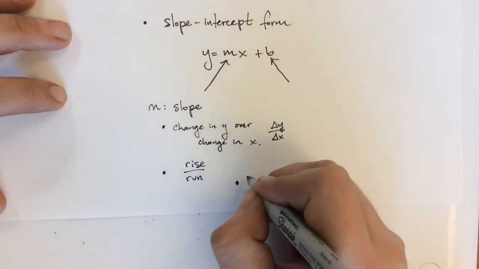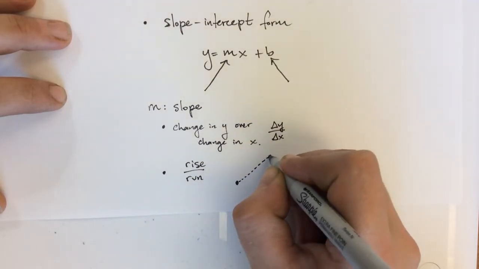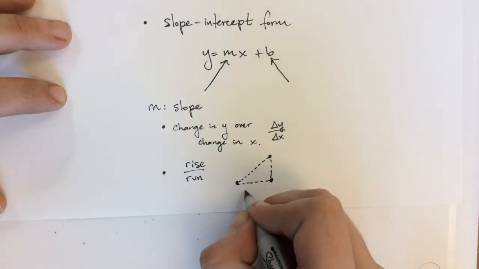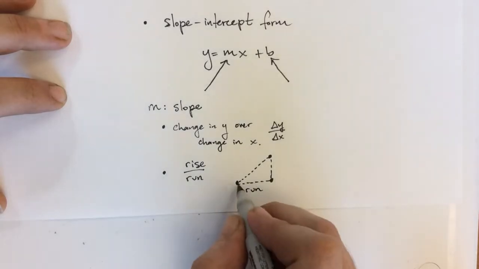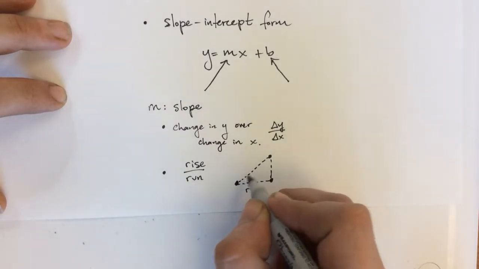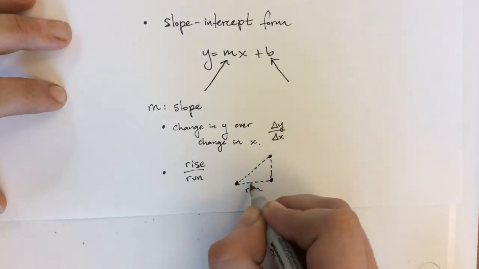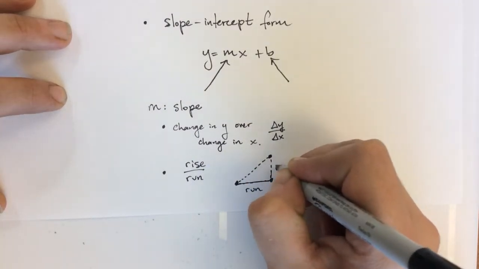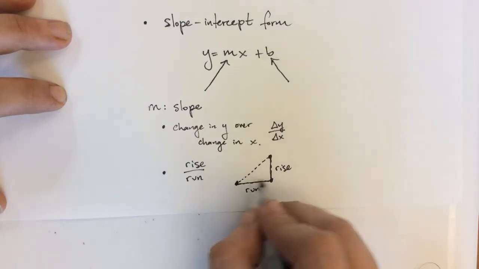So if I have 2 points on a line, the change in x here is the run, so the change in x from this point to the x value of this point, which is this distance, we call that the run. The change in y would be the rise.